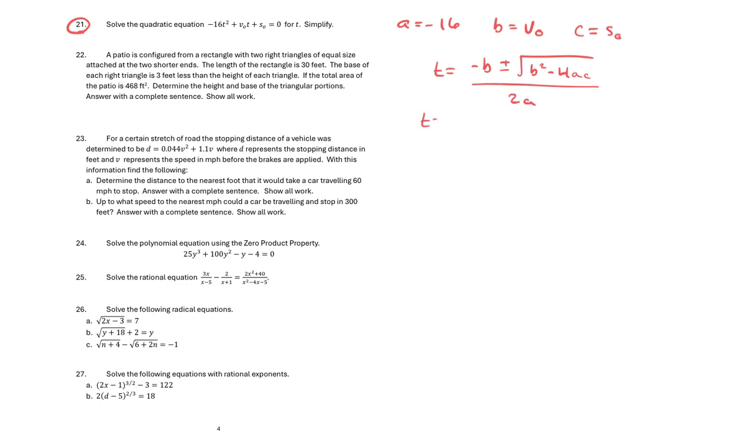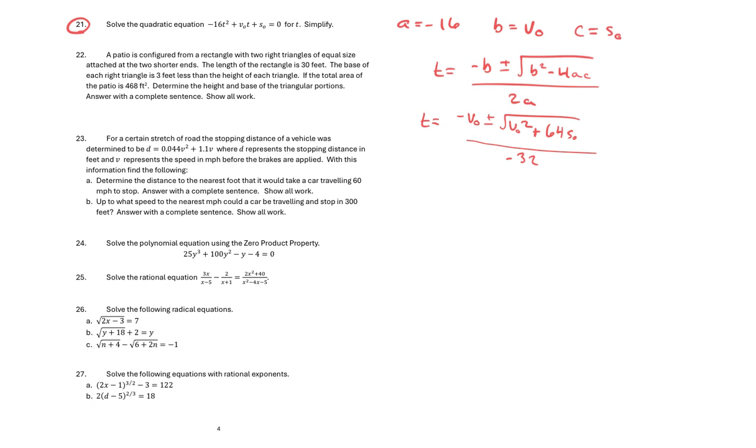So if I plug all this in, I get t equals negative v naught plus or minus the square root of v naught squared minus 4 times a times c. So this is going to become plus 4 times 16 is 64, and then c, which is s naught. So you can just leave it as that, and then divided by 2a, which is negative 32.